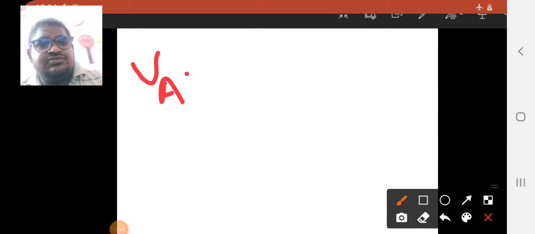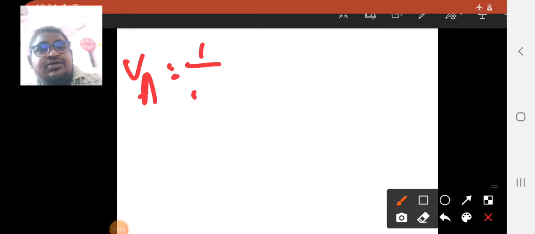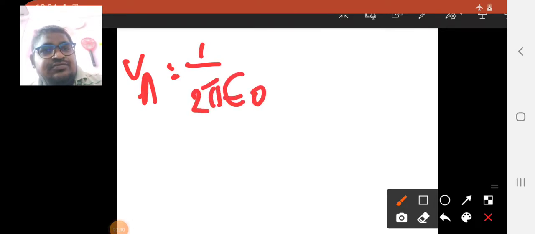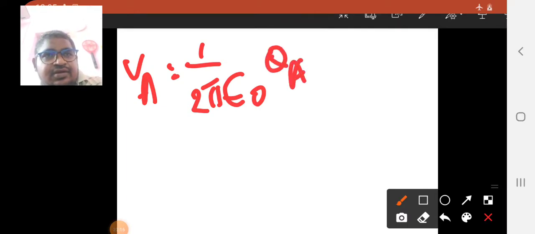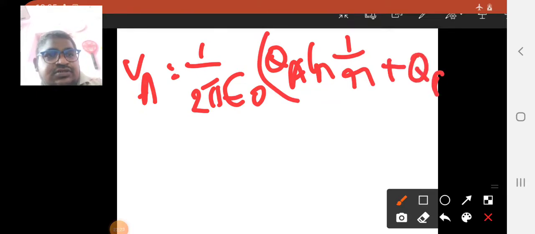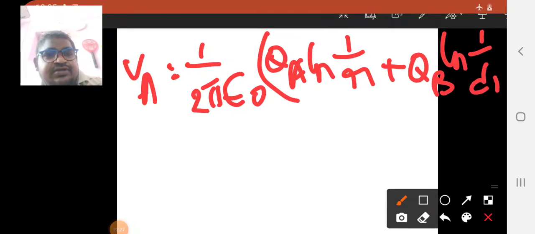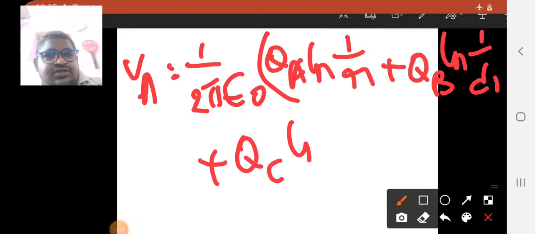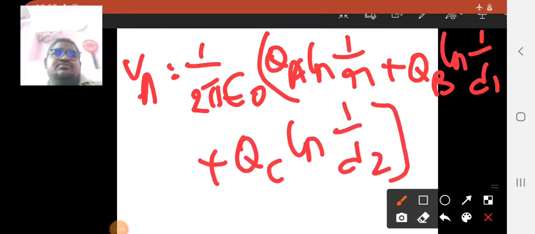VA is equal to 1 by 2 pi epsilon naught into QA ln 1 by R plus QB ln 1 by D1 plus QC ln 1 by D2 plus so on. This is the potential.